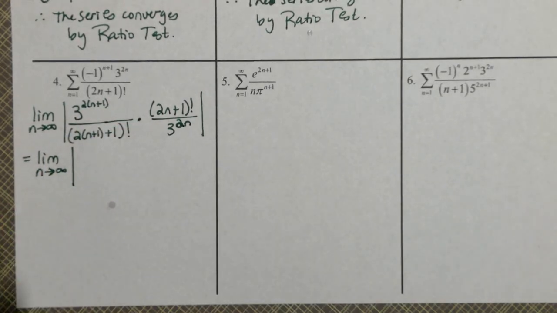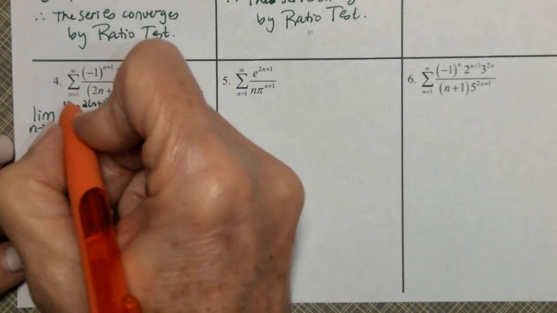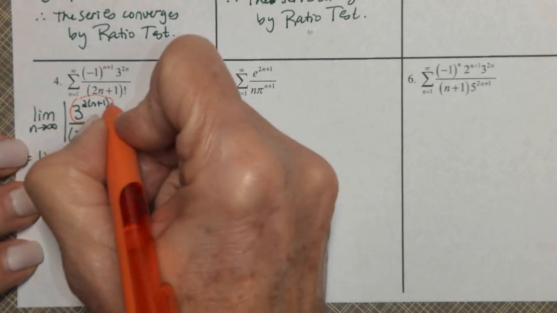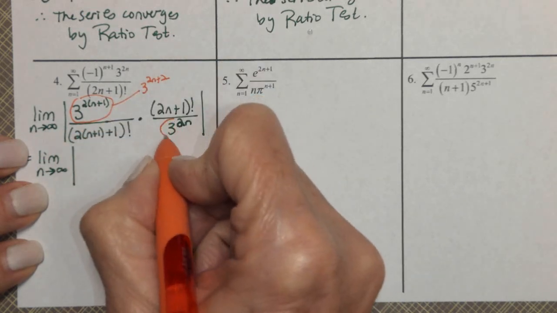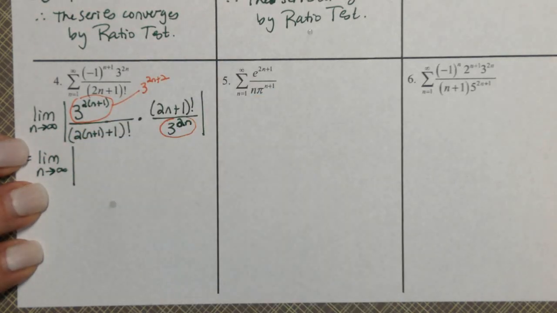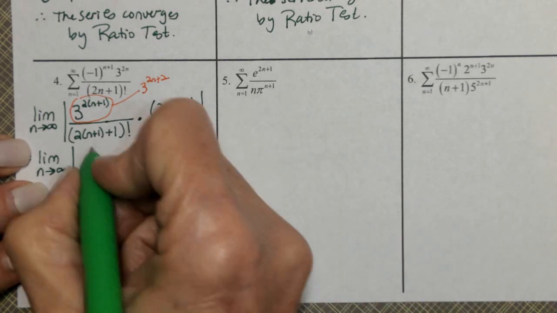All right. We have in the numerator 3 to the 2n plus 2. On the bottom we have 3 to the 2n. How does that reduce? Well, it reduces to 3 squared on top.